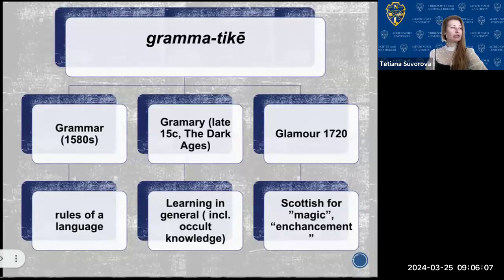But in fact, grammar also refers to both fields and originates in this first meaning of writing.